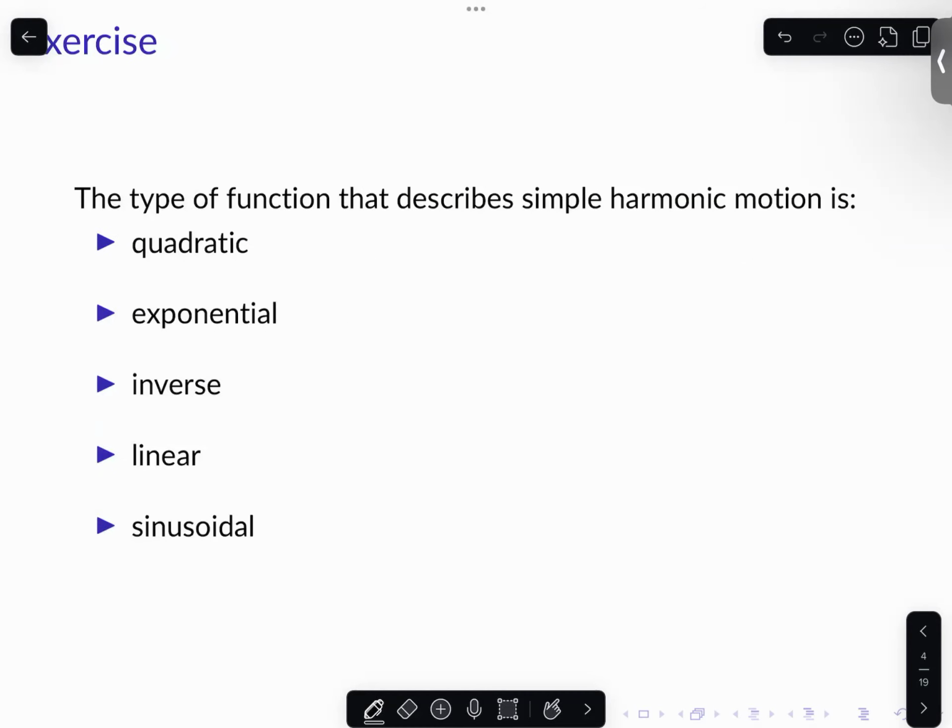Okay, Google form, what are we at? A, we haven't done any. Google form A: what did I just say is the motion, the mathematical form of the equation that describes the motion itself?